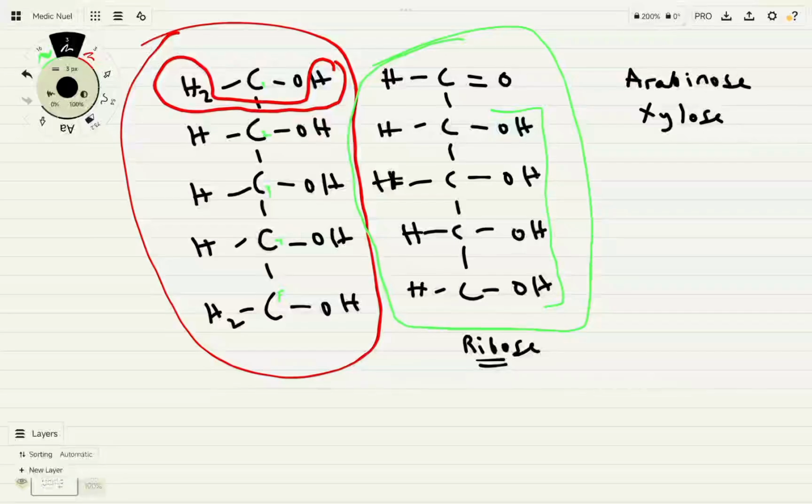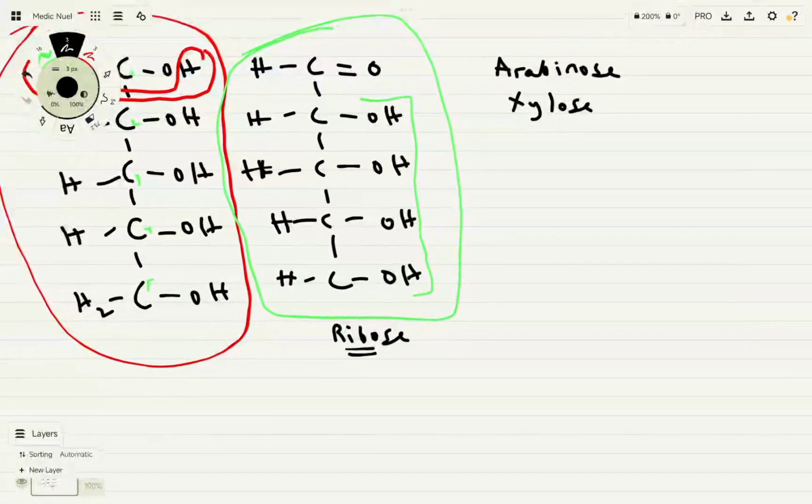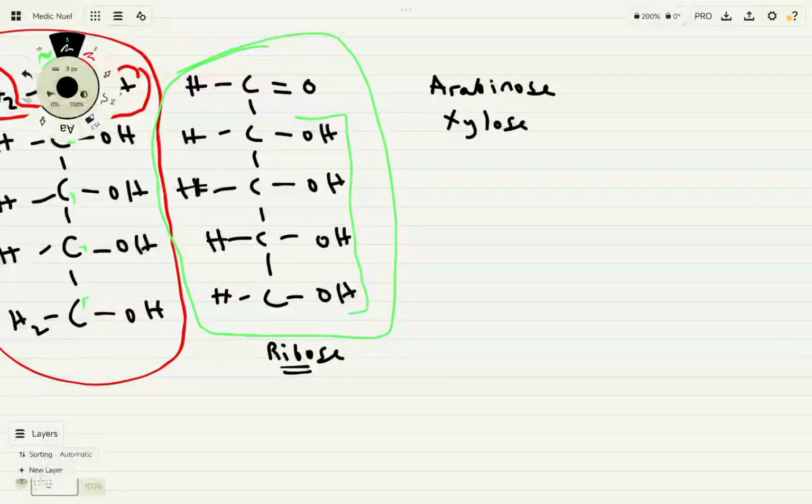So for arabinose, it is basically still ribose. The only difference is that there's going to be a change in the position of the OH. For arabinose and xylose, it's still ribose, so I'm going to draw ribose again. To draw arabinose, all I have to do is draw my ribose again: 1, 2, 3, 4, 5, and I know there's an O here.